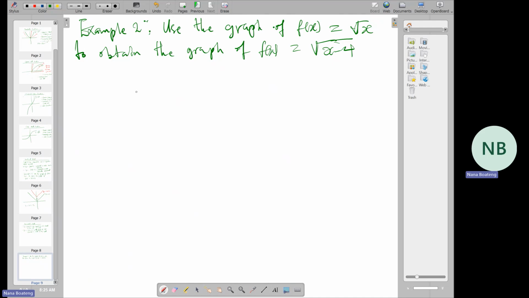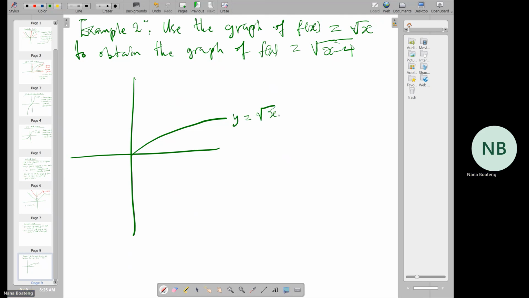So if the original function of a square root, if this is the graph of y is equal to the square root of x, the square root of x minus 4 will be a shift of 4 units to the right.